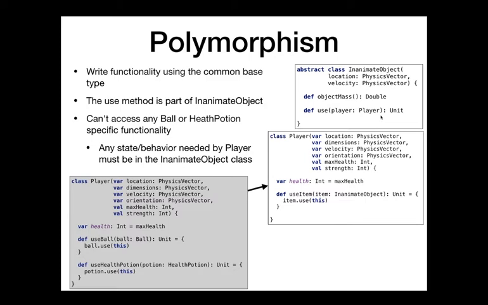So we have a guarantee. If we have a variable of type inanimate object, a reference to something of type inanimate object, no matter how far down it extends, maybe it extends like 18 other classes down the inheritance tree, a class that extends a class that extends a class, et cetera, that extends inanimate object, it has to have objectMass and use methods.